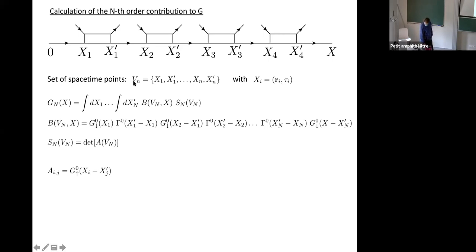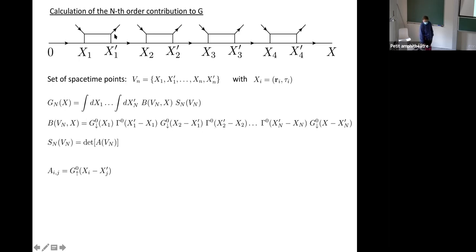Well, like I said, the configuration is a set of space-time points for all of these vertices. Then we have to integrate out all the internal variables to get the nth order contribution to G. And the contribution to G is nothing else than this backbone B, which is the product of G0 down, gamma 0, G0 down, gamma 0, G0 down, etc. That's what we see here.